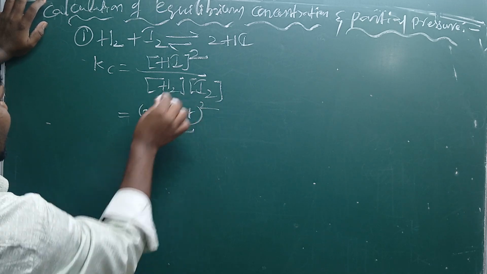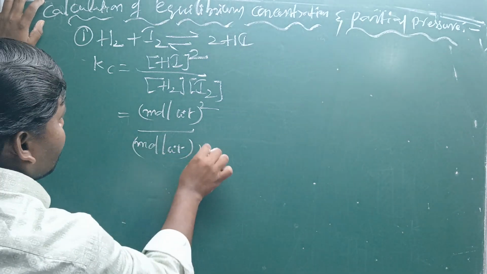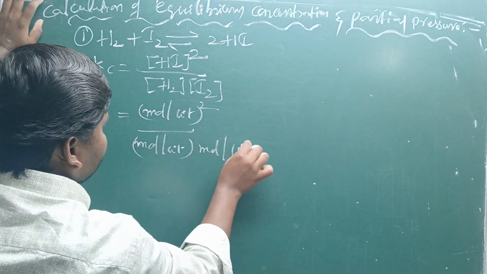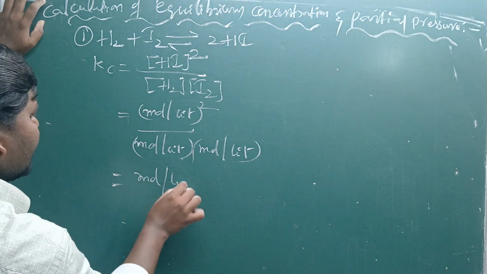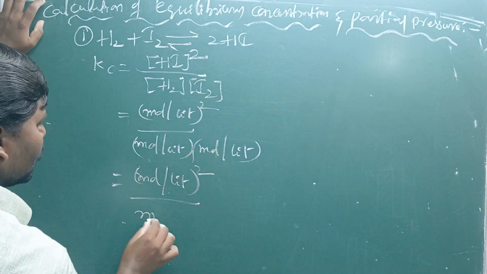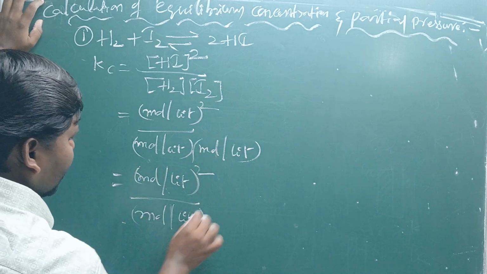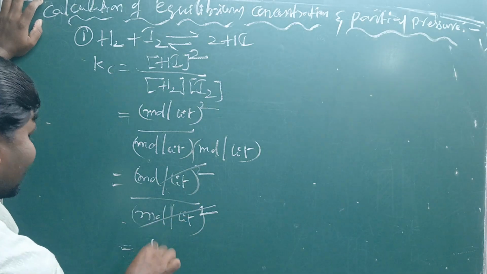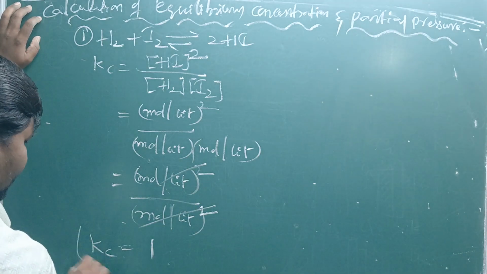So mole per liter whole square by mole per liter into mole per liter, that is mole square per liter square by mole square per liter square. Both get cancelled. Hence there are no particular units for Kc.